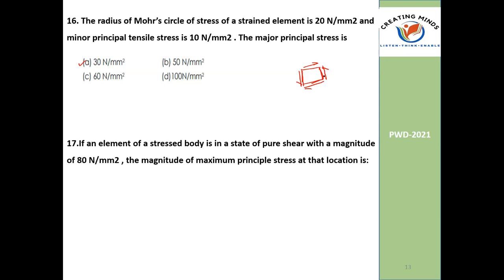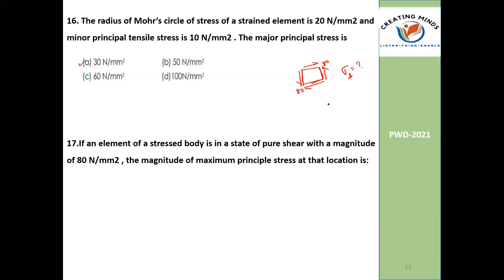There are no normal stresses. This is a pure shear stress, 80. He is asking to compute the magnitude of maximum principal stress, which means sigma 1, that is the major principal stress. What is sigma 1? Please tell me what the sigma 1 value is.